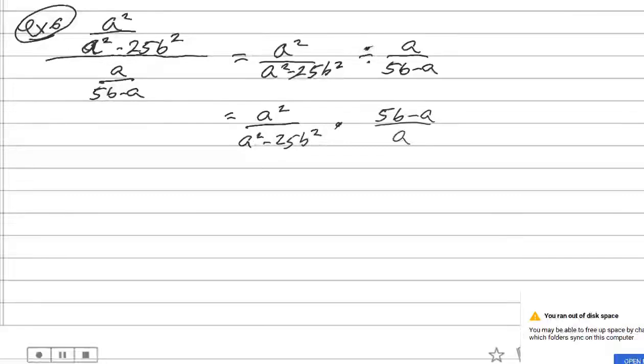And now we want to see if we have any factors that are in common on the top and bottom. And keep in mind, this term here is a difference of squares. So I can actually factor that out as a plus 5b, a minus 5b.